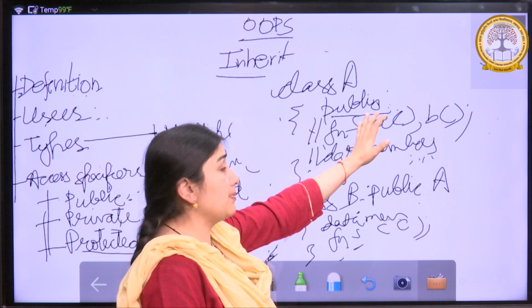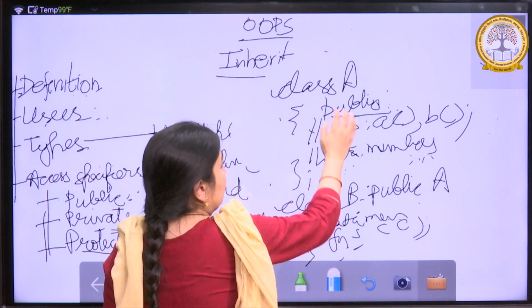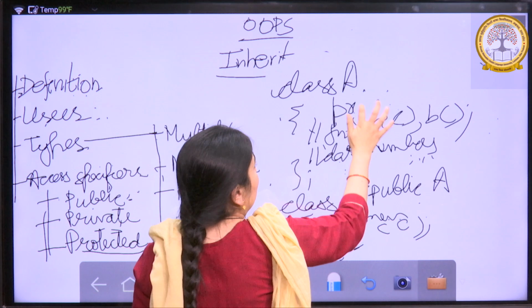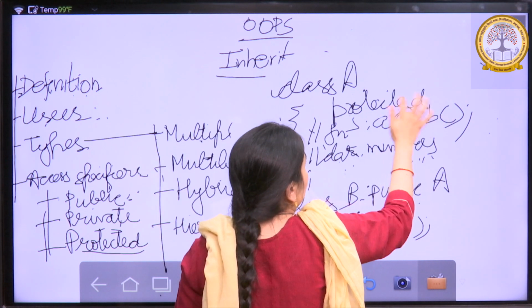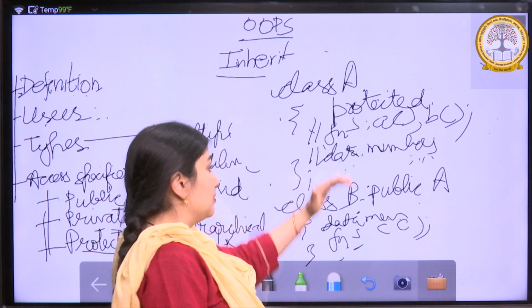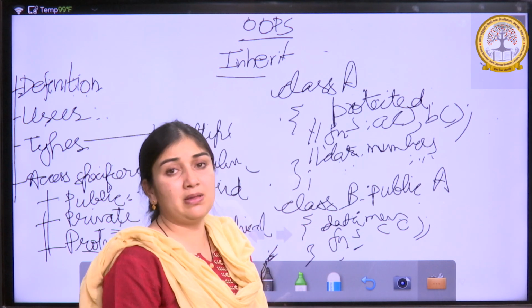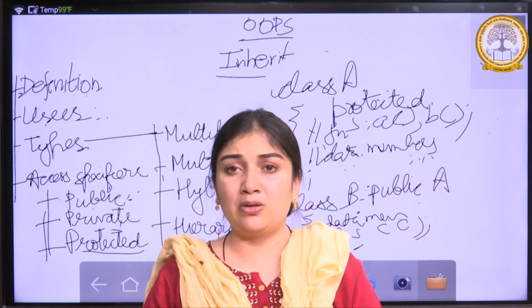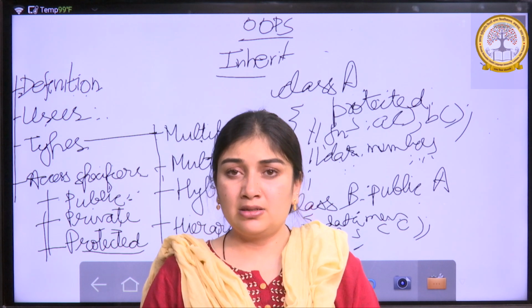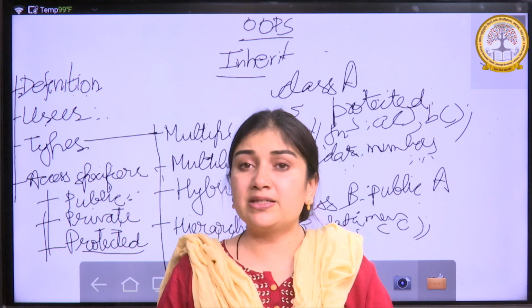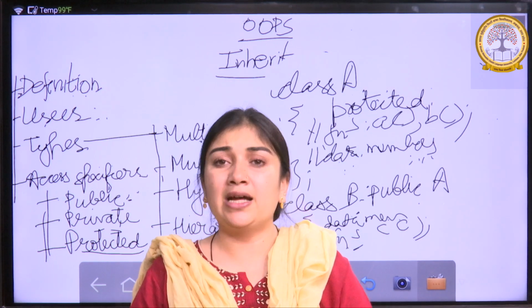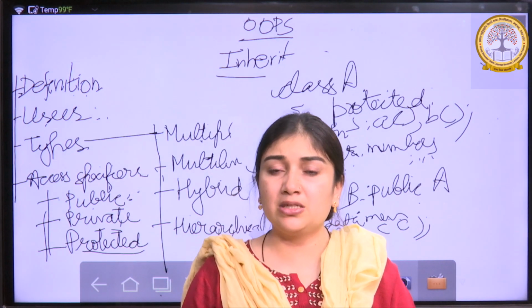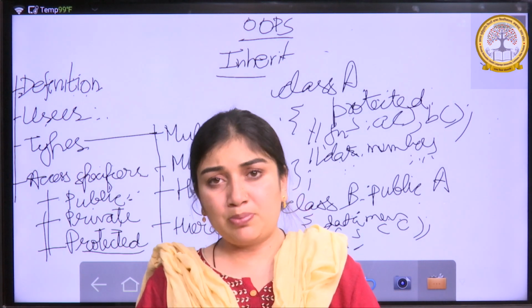So, instead of writing public here, if I write the keyword protected, then my members, whether a data member or a member function, will be accessible only to my own objects or to the child class that inherits me, and no other class can access my data members or member functions if they are declared protected.